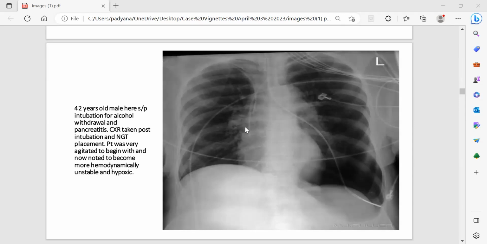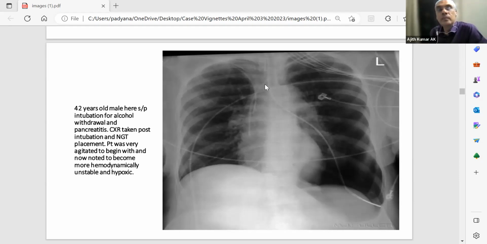Approach from the top to bottom, all the gadgets. The nasogastric tube is misplaced. What are the other hardware in this patient? We'll just take stock.